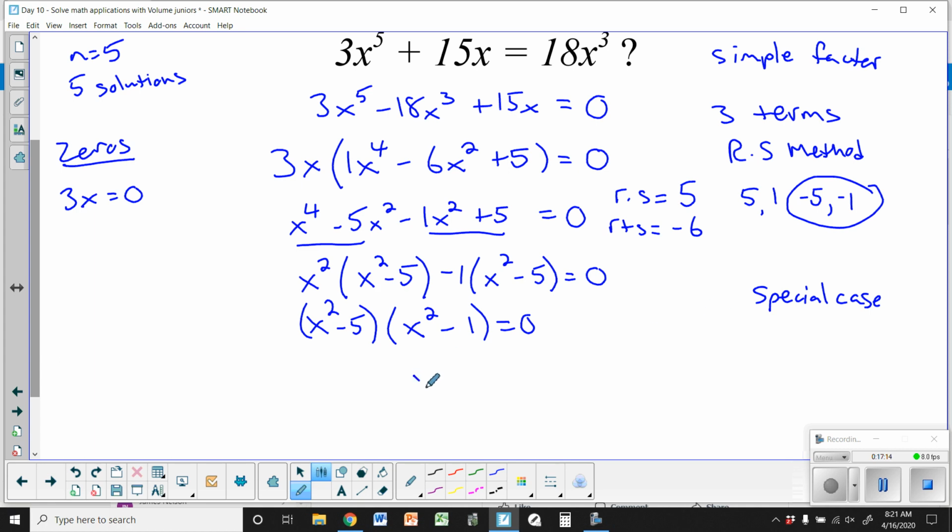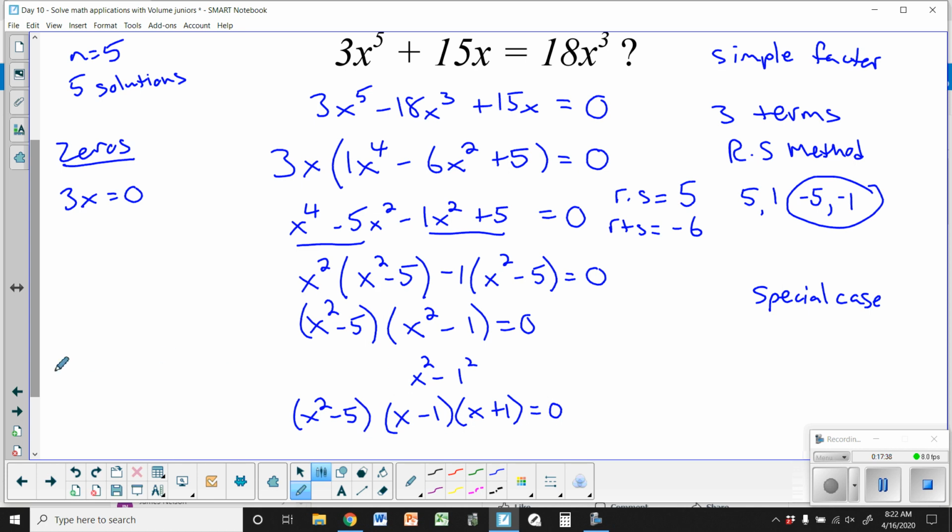So this would be x squared minus 1 squared. So that would be then x minus 1 and x plus 1. The reason this one is tricky is that we don't see 1 as a perfect square, so that one can be difficult to see.